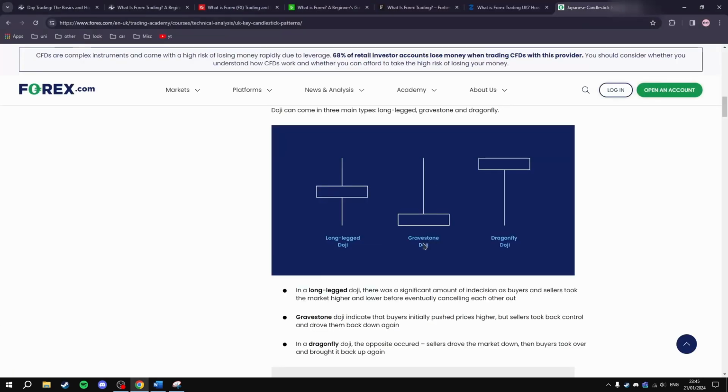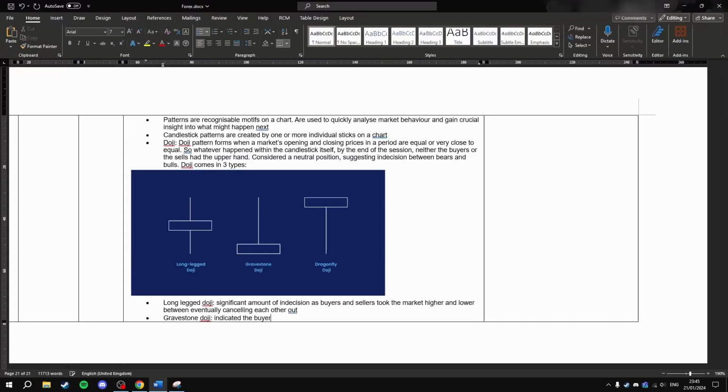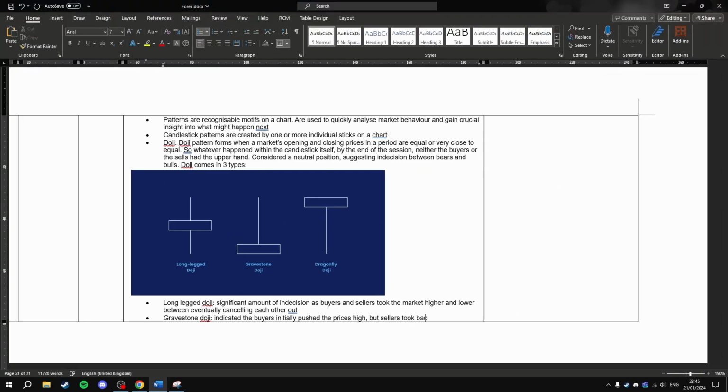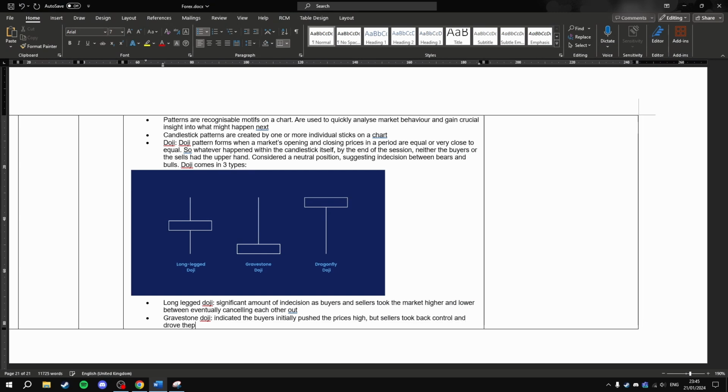The buyers initially pushed the prices high, but sellers took back control and drove the prices down.